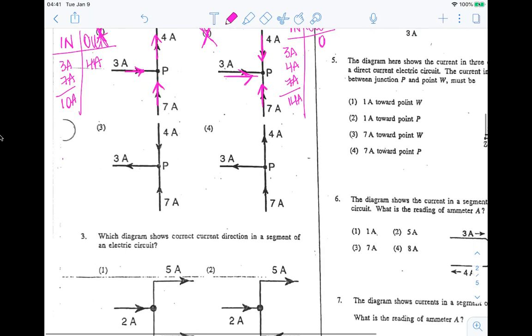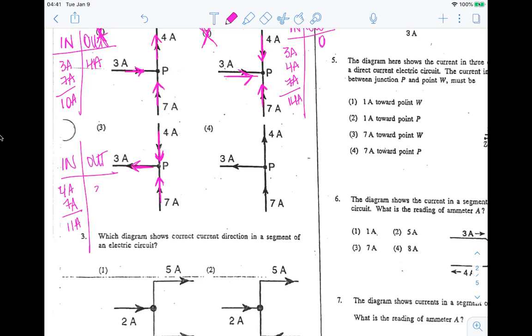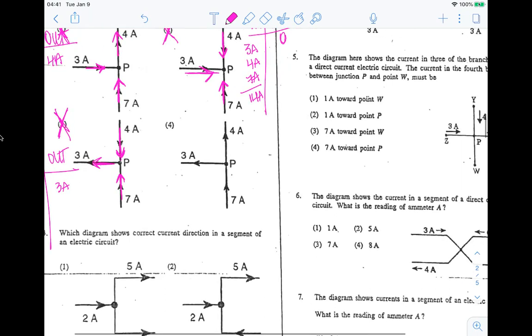If we look at choice 3, in versus out, we have 4 amperes and 7 amperes going in to give us a total of 11 amperes going in. And I only have 3 amperes coming out. Well, 3 and 11 do not equal each other, so 3 is not correct. Let's just make sure we did all of our math right.